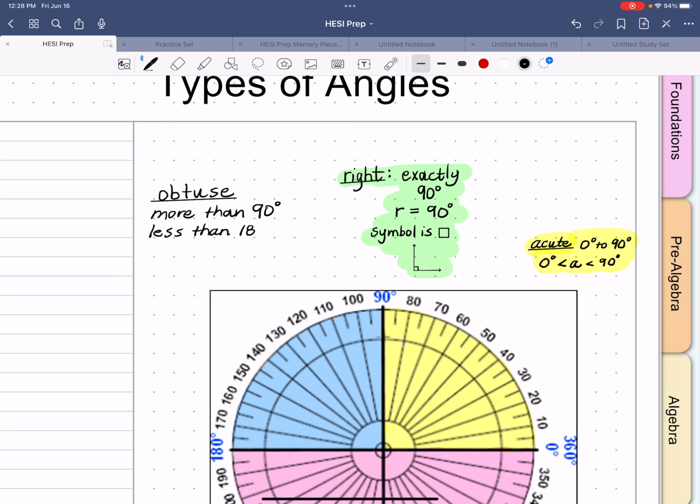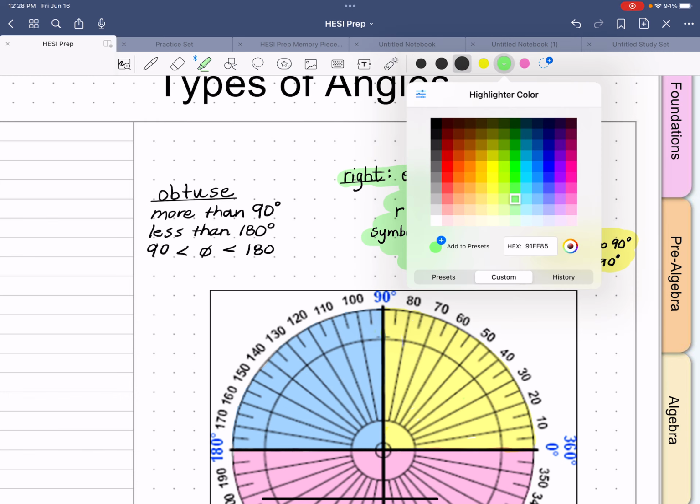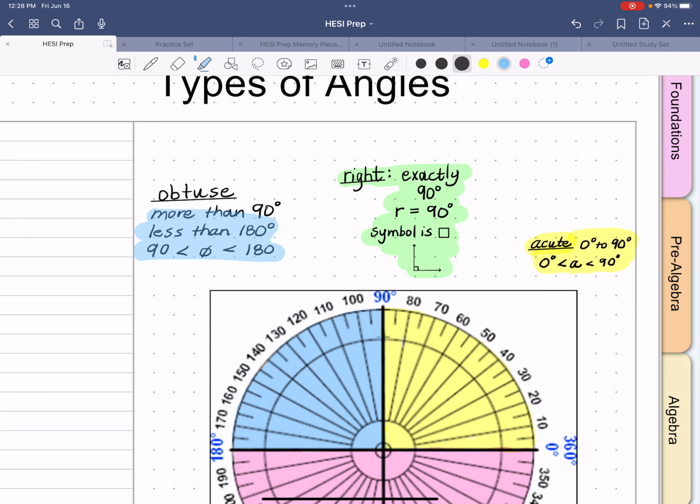So writing it mathematically, we would say that an obtuse angle is less than 180, but bigger than 90. And I guess I shouldn't put that line through there, but that's an O. And that is the blue section. Obtuse.